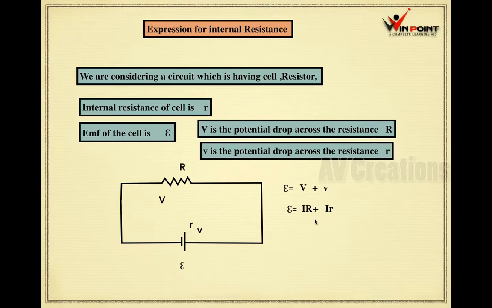The current will be the same because it is a series connection. Now we can take the I outside. It will be E equal to I into (R plus r). From that we can make an equation for r. It will be r equals E by I minus R. It is the expression for internal resistance. These equations are very important. From that we can also make an equation for I: I equals E by (R plus r).